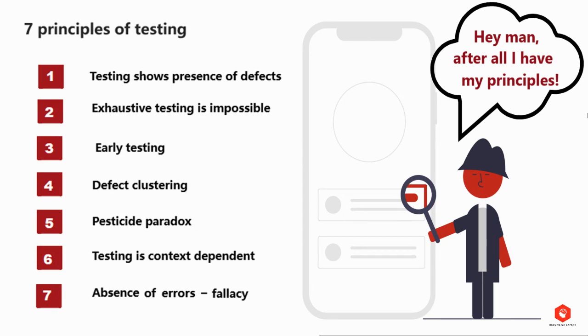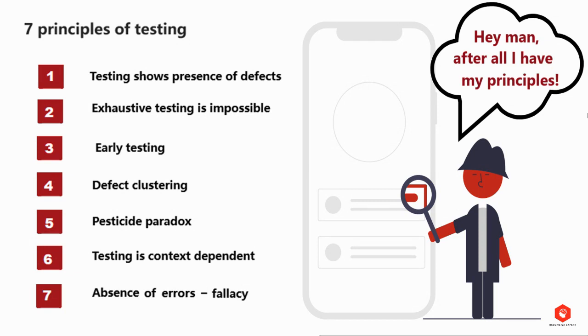It involves execution of a software component or system component to evaluate one or more properties of interest. Software testing also helps to identify errors, gaps, or missing requirements in contrast to the actual requirements. And as we also said, it can be done manually or using automated tools. Okay, let's go with our principles.